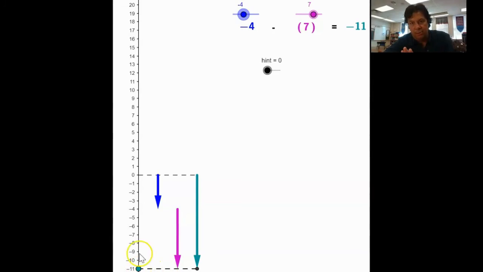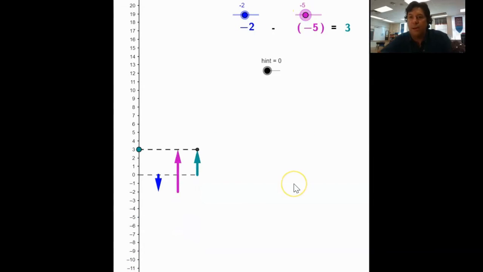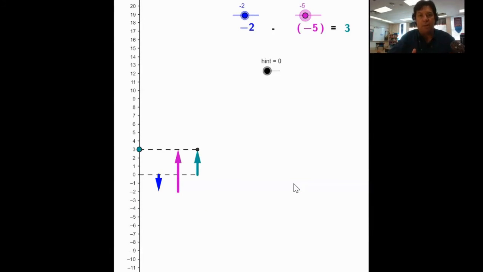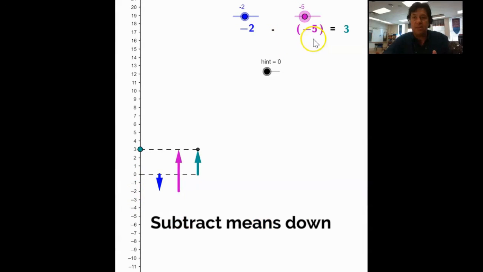All right, are you really ready to see how this goes in the weirdest of ways? Let's subtract a negative number. What does this really mean? When we subtract a negative number, we go down the number line because it said to subtract. But because it's negative, you have to go the opposite direction. Our starting number is -2, so from 0 we're down to -2. Then it says subtract -5.